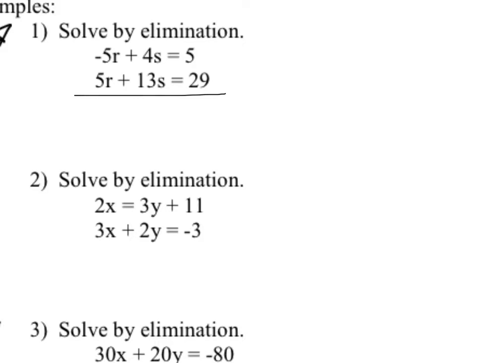So if we add vertically, negative 5r plus 5r cancel out. Positive 4s plus 13s gives us 17s equals 34. Divide by 17, and s is equal to 2.